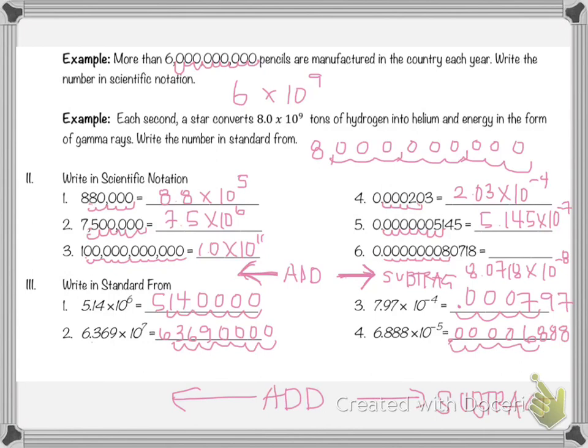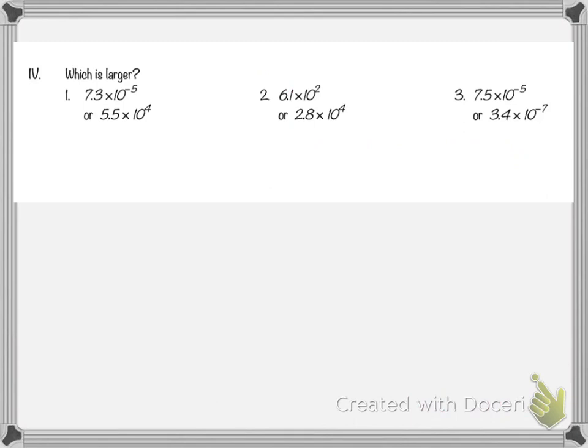Okay. All right, so let's talk about numbers that are larger and smaller. If we wanted to compare the numbers, you get two ways about this. You could get these in standard form, or you could compare the exponents. So it doesn't matter, however you want to look at it. So this first one here, we've got 7.3 times 10 to the negative fifth. What does that mean?